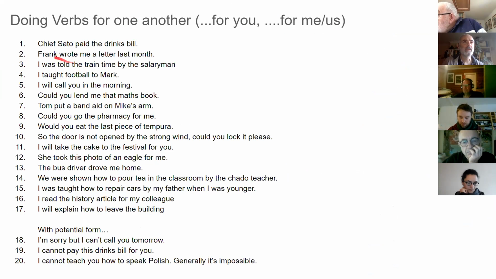So Yari, Frank wrote me a letter last month. I would like Frank to be the subject and you to be the receiver of this. So Frank is the subject. Sengetsu, Frank-san ni tegami o. Actually, Yari, I'd like Frank to be the subject. So not ni. So it's kara.